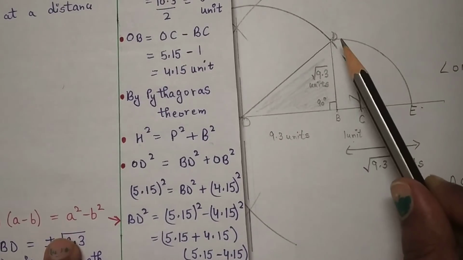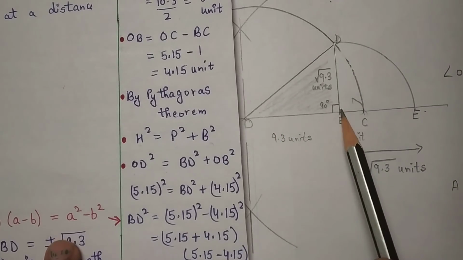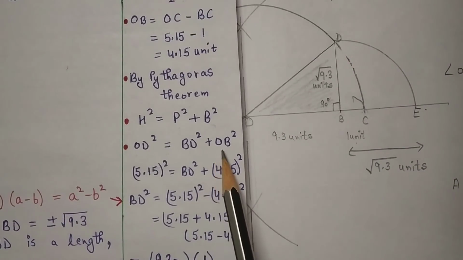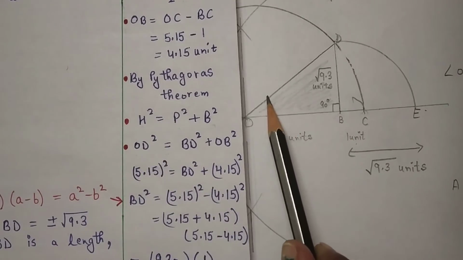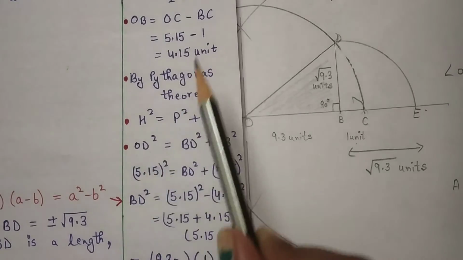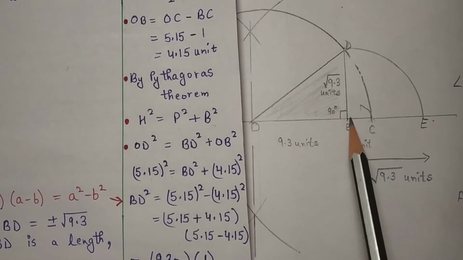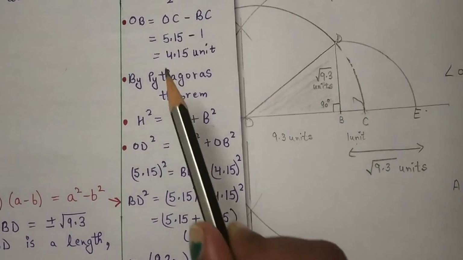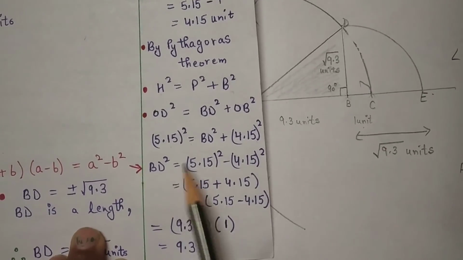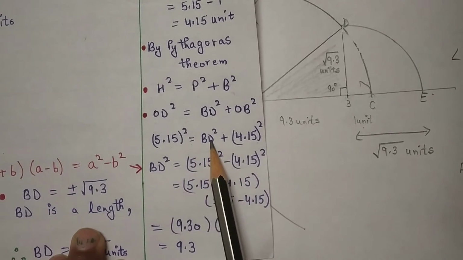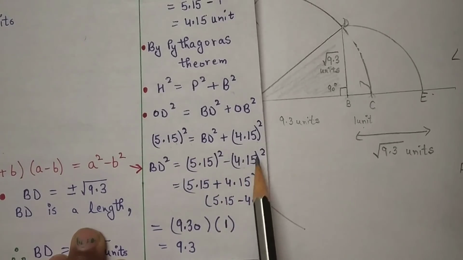Hypotenuse here is OD. OD square is equal to BD square, perpendicular, plus OB square, base. Now hypotenuse, I know it is the radius, OD, so 5.15 whole square is equal to BD, I need to find, plus OB, which I have already found above is 4.15 square. Now taking on the same side, BD square is equal to 5.15 whole square minus 4.15 whole square.